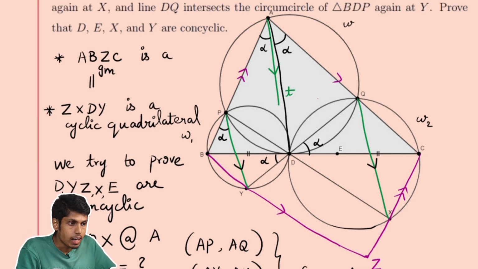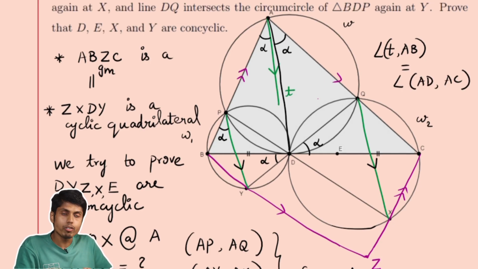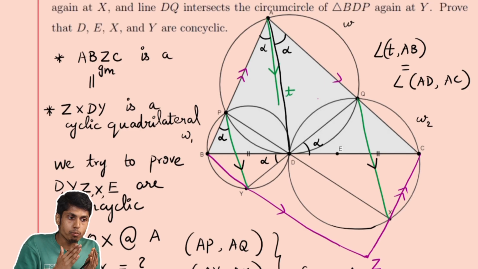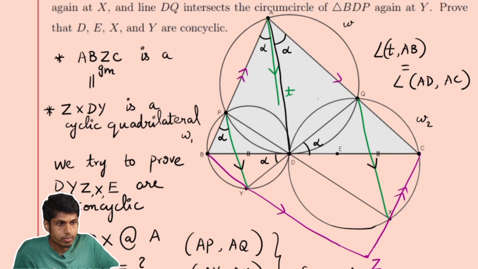Hence we get the angle made by T with AB equals the angle made by AD with AC. So these are isogonal lines, which means they are inclined to the sides at the same angle but in the opposite orientation. So they are reflections about the angle bisector at A.